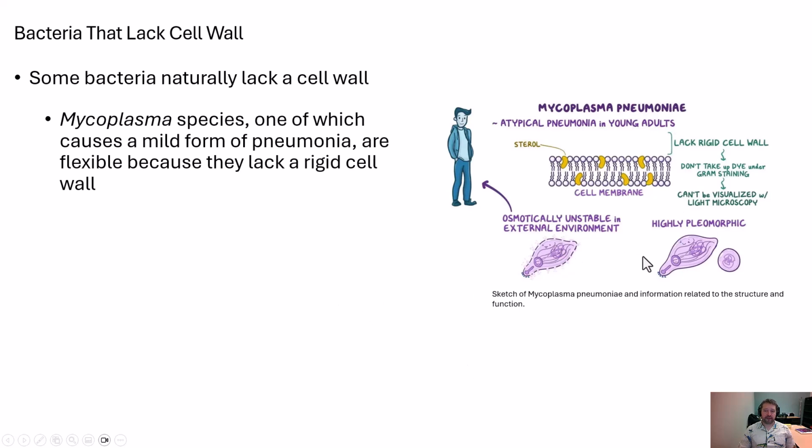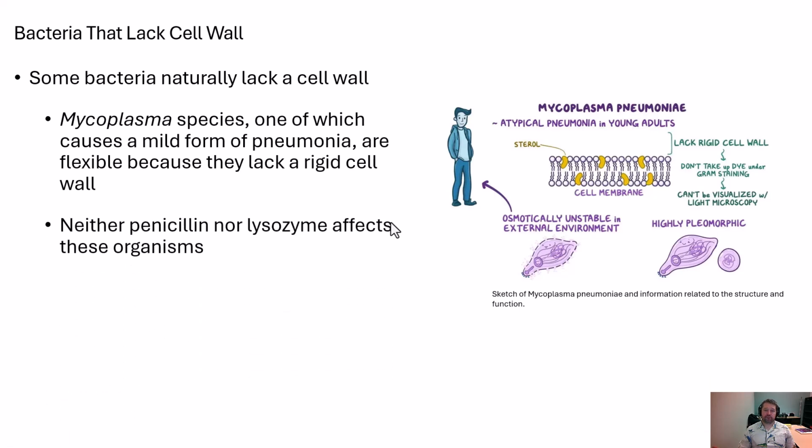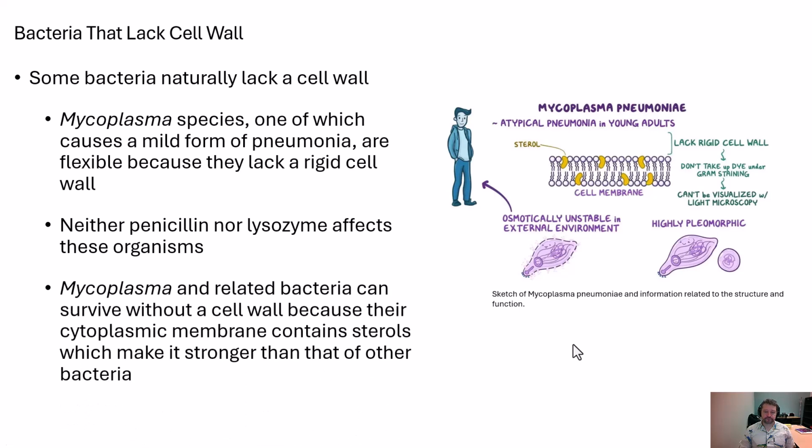The other thing that happens is, like Mycoplasma pneumoniae, humans can get Mycoplasma pneumonia, and we can't really treat it with at least penicillin or lysozymes. So there's no natural effect against the organism because there's no peptidoglycan layer. So neither one really works.